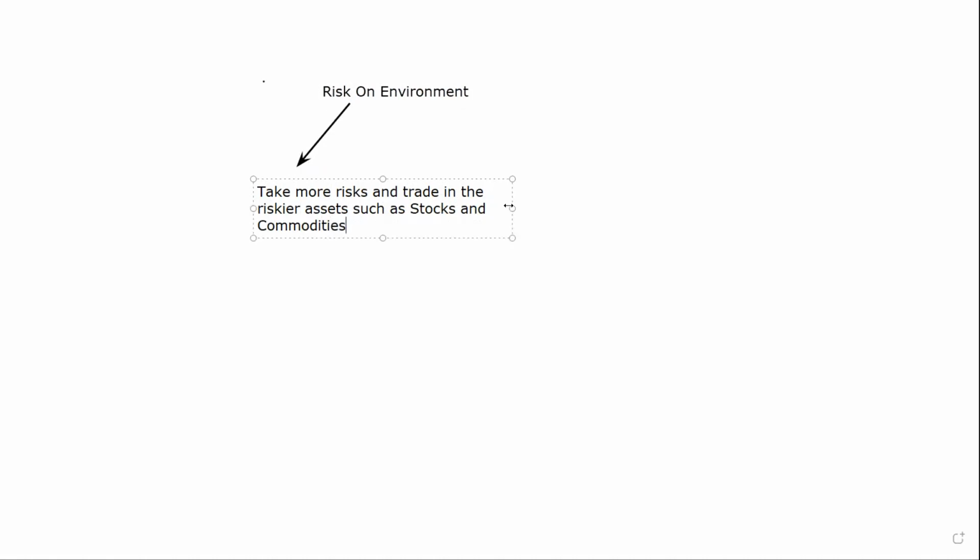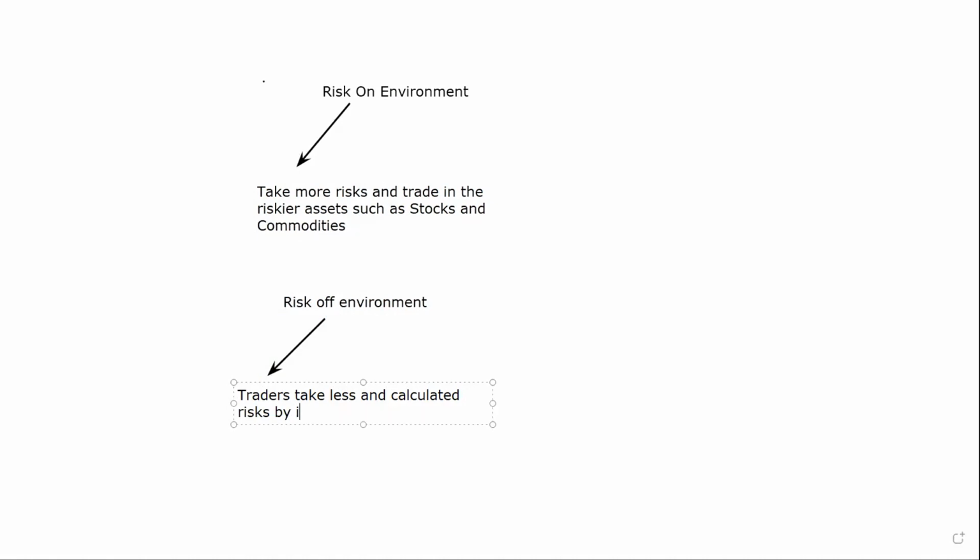Okay, and in risk off environment, traders take less and calculated risks, by investing or trading in safer assets such as gold and government bonds.